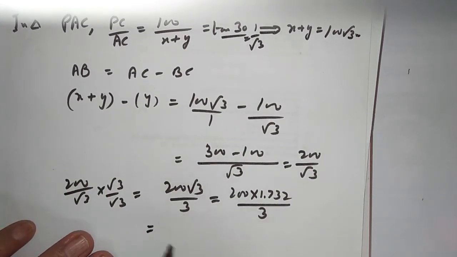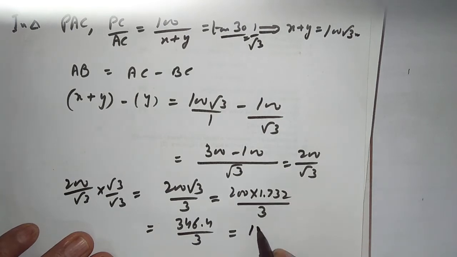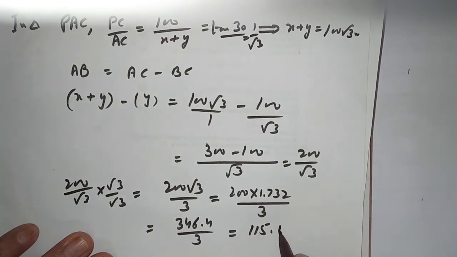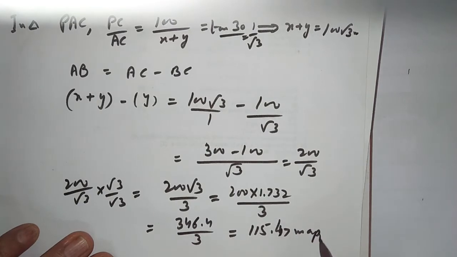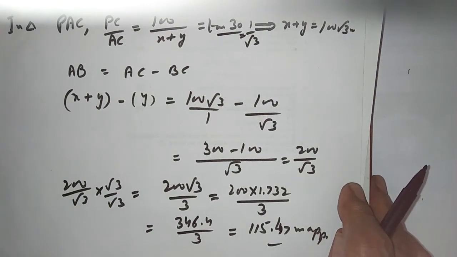This will come out 346.4 upon 3, which is equal to 115.47 meter approximately. This is our distance traveled by the ship from A to B.